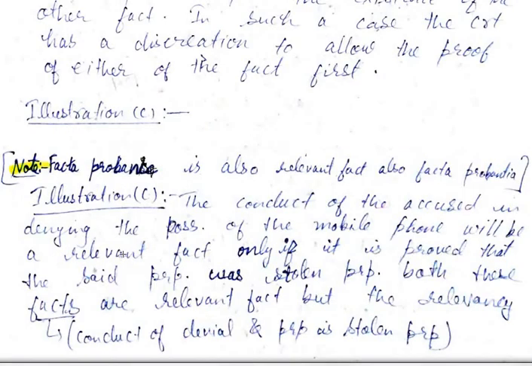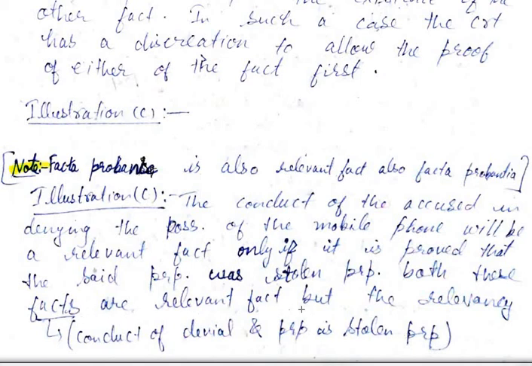So इस पे लिख लीजिए illustration C पे, the conduct of the accused in denying the possession of the mobile phone will be a relevant fact only if it is proved that the said property was a stolen property. Both these facts, which facts? The conduct of denial and the property is stolen property.